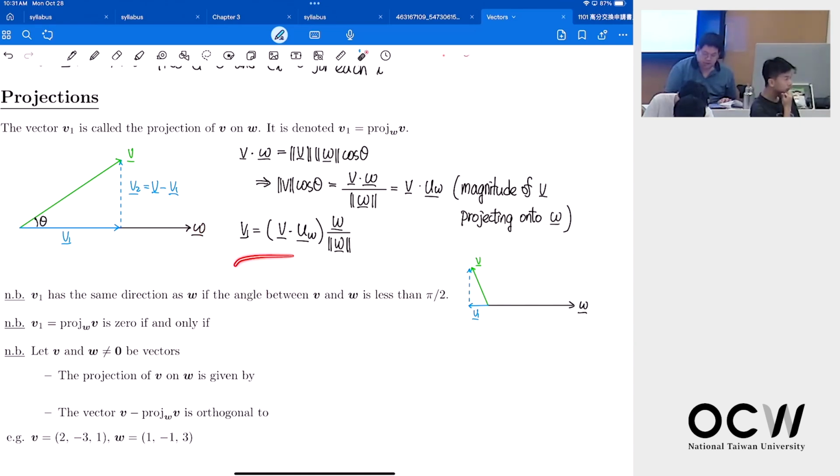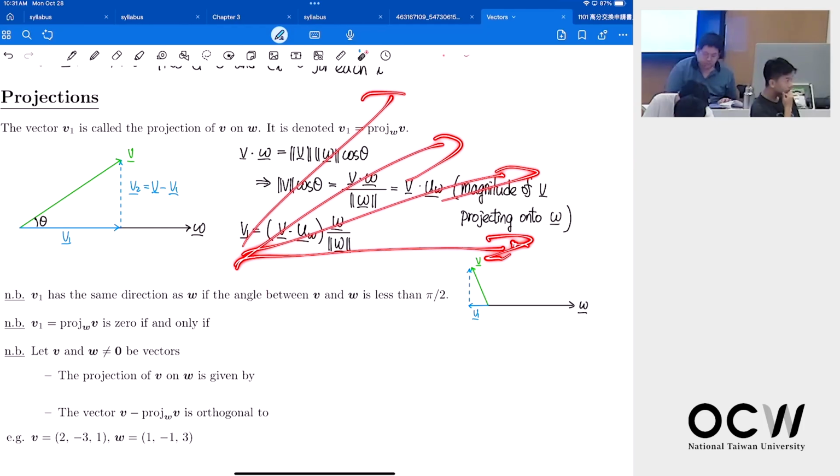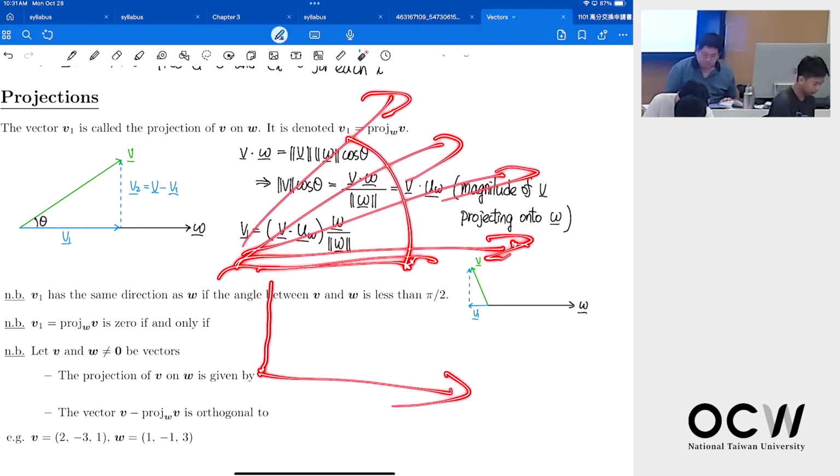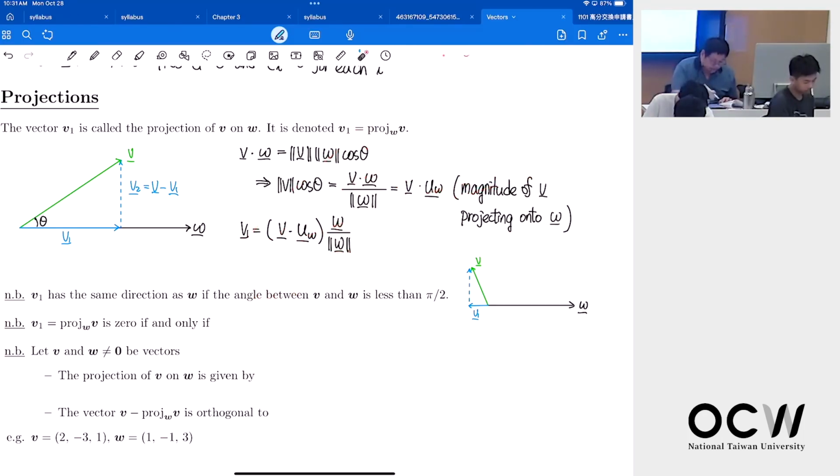So w is here, okay? No matter what v is, I always can have a projection, right? Do we have a case that we don't have a projection? Unless v is perpendicular to this vector w, right? I cannot do any projection. So if and only if these two vectors are orthogonal.